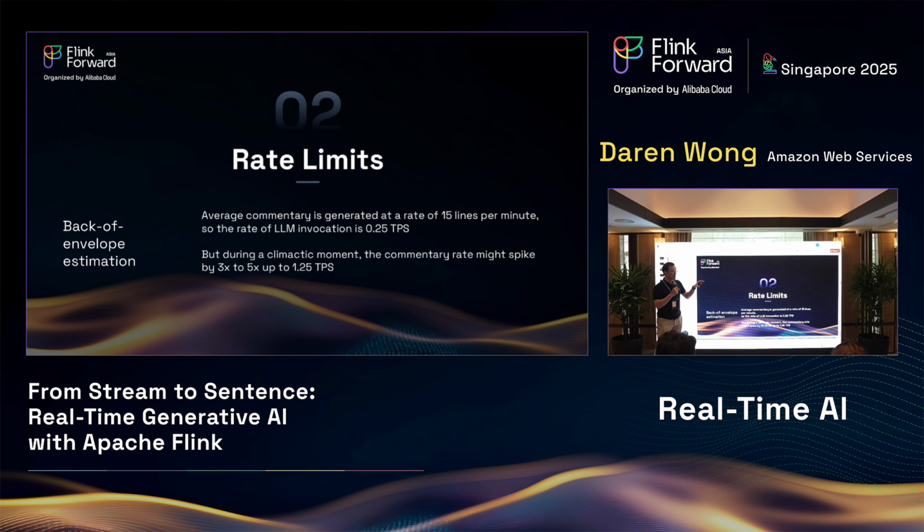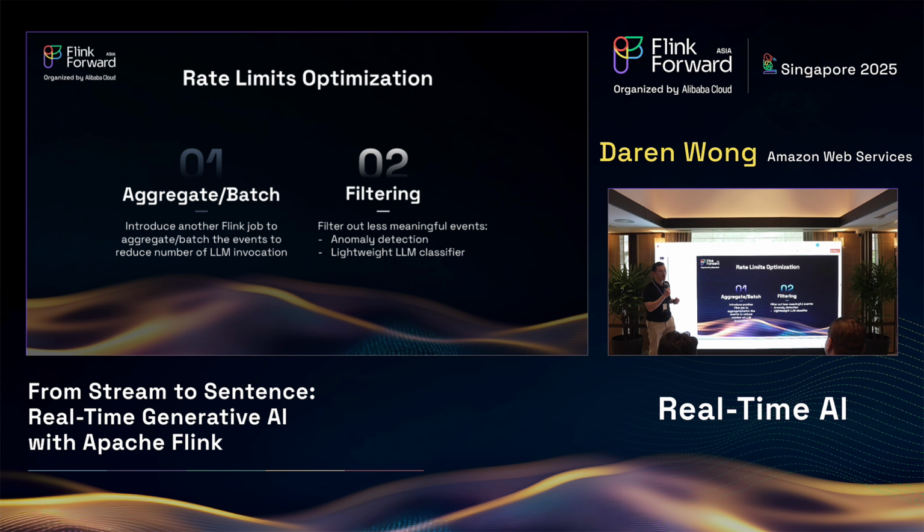I just want to remind everyone, currently the solution we have is still directly proportional to the frame rate in the input video. So we are definitely exceeding the TPS here. That's why we need to optimize this. If we look at the next slide, I can think of 2 ways to optimize the rate limits here.